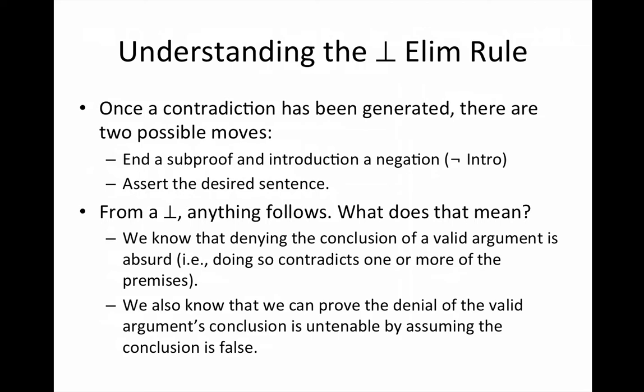Let me try to explain it this way. We know that denying the conclusion of a valid argument is absurd. In other words, denying the conclusion of a valid argument generates a contradiction in one or more of the premises. We also know that we can prove the denial of the valid argument's conclusion is untenable by assuming that conclusion is false.